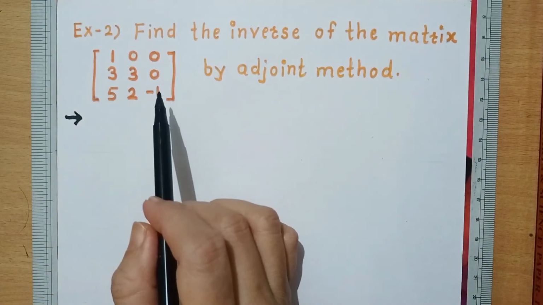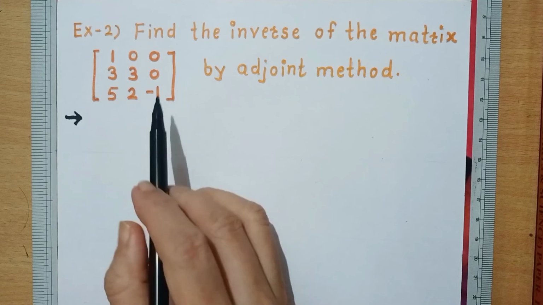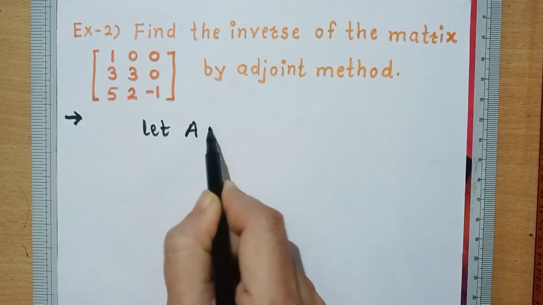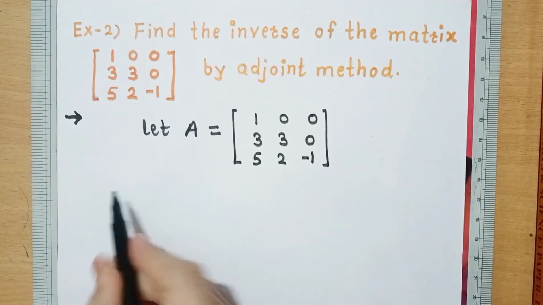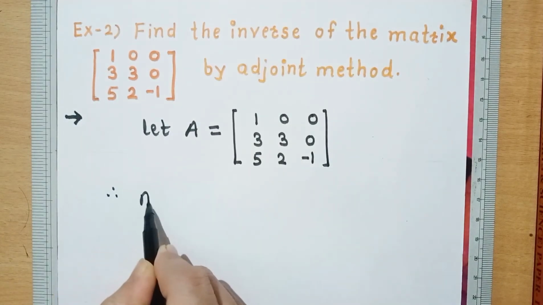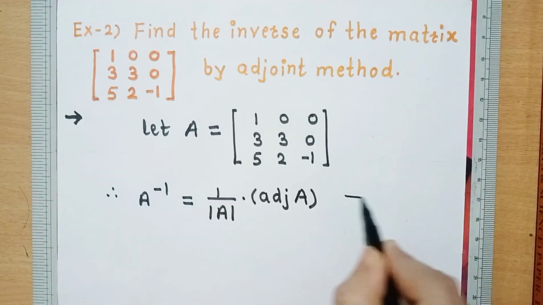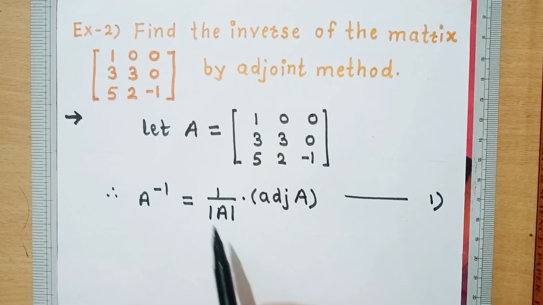This is our second example to find A inverse, and first we will assume A is equal to the given matrix. Then we will write the formula for A inverse. A inverse is equal to, say this is first, and then we will find the determinant of A and the adjoint of A separately.